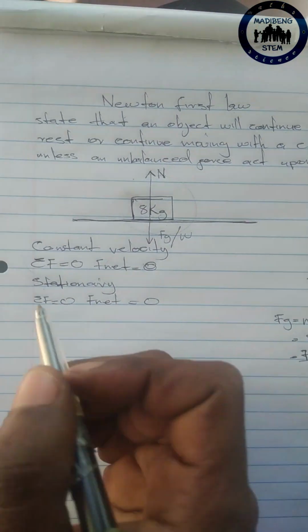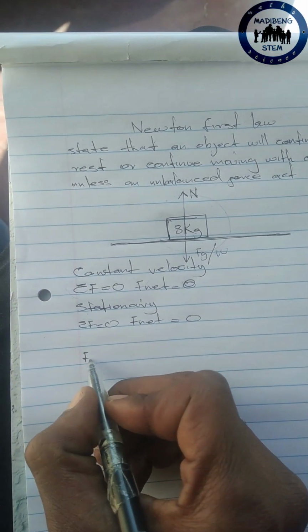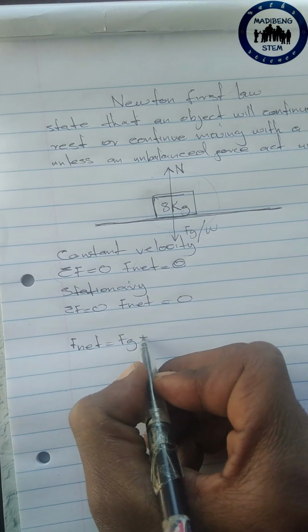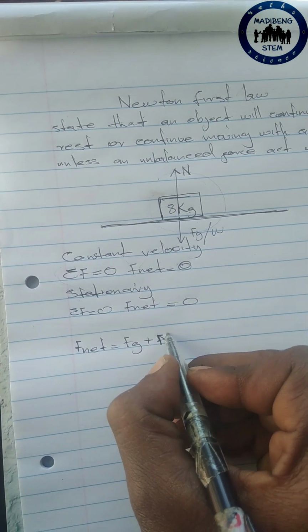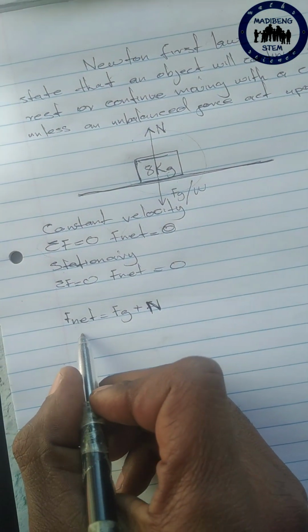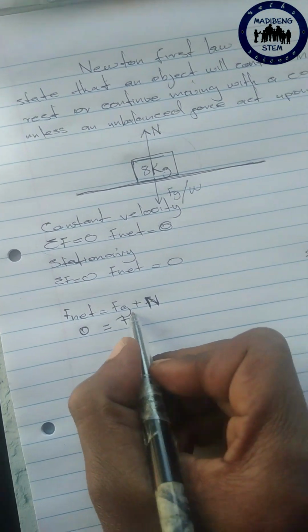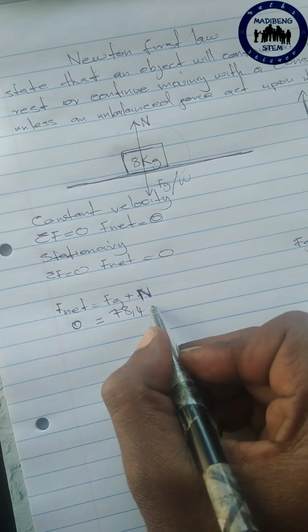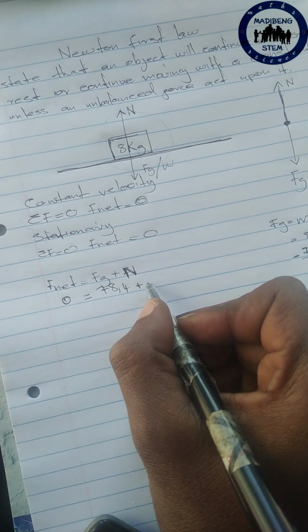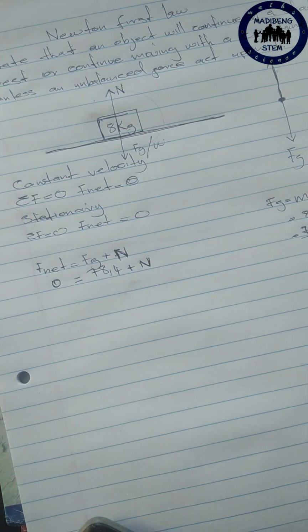If you want the normal force, the sum is 0 because it's at rest, it's in equilibrium. So we have 78.4 plus normal force.